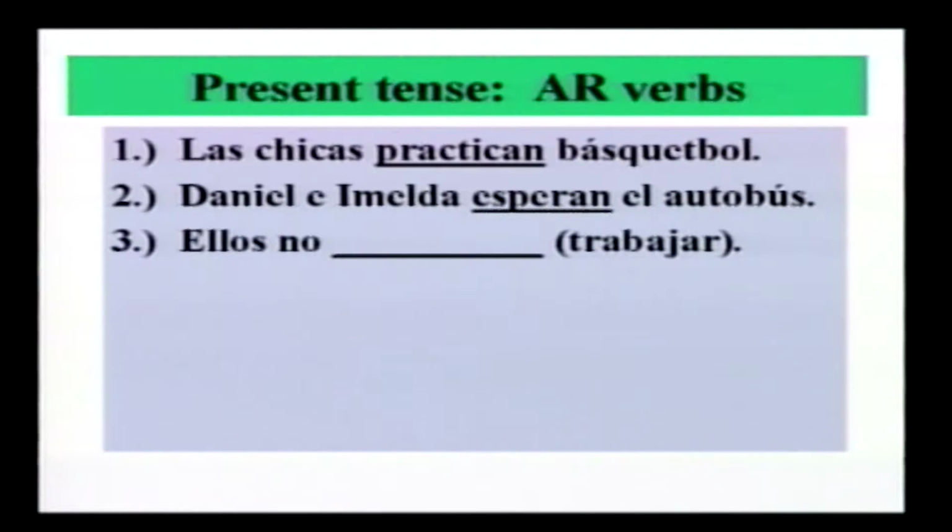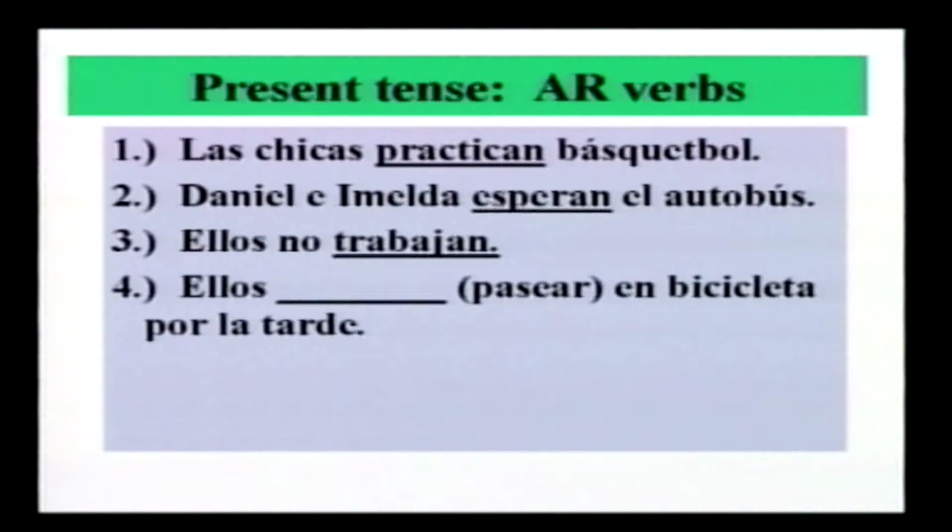Third example. Ellos no, and the verb is trabajar. Ellos, third person plural. You're not included, right? What would I do to trabajar? Correct. Trabajan.